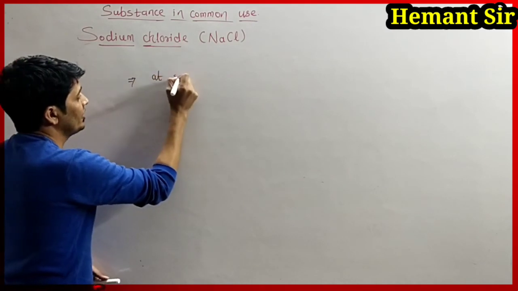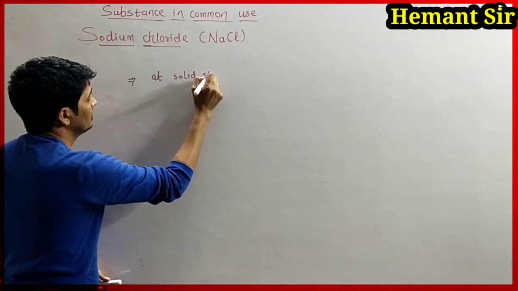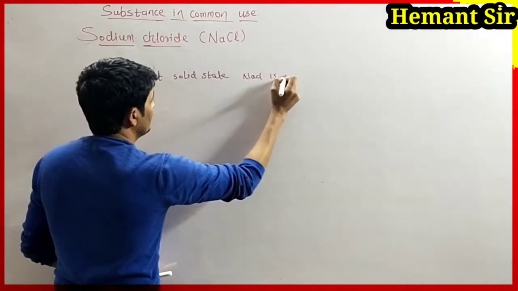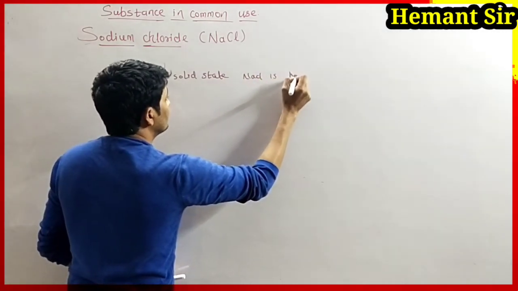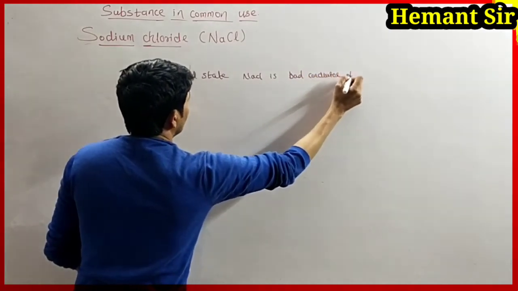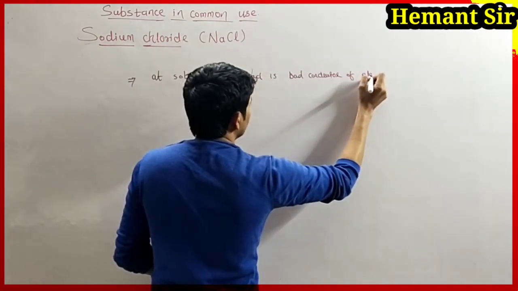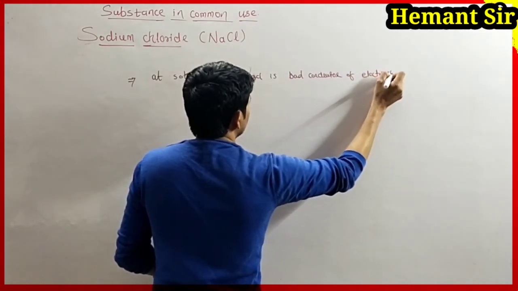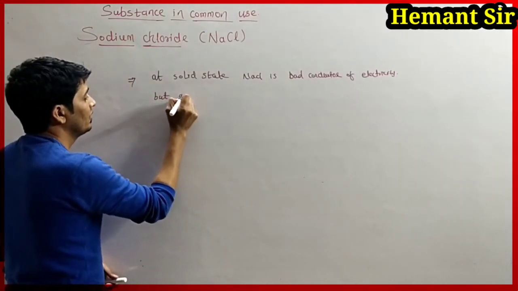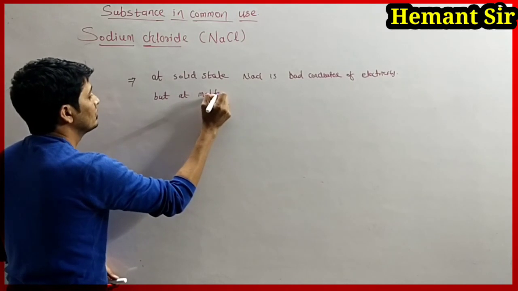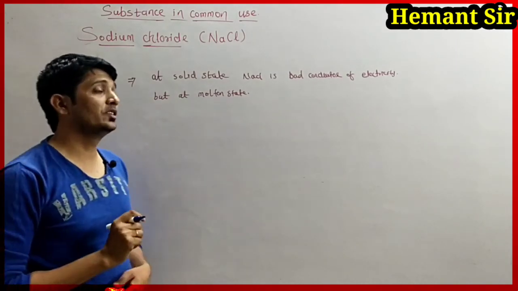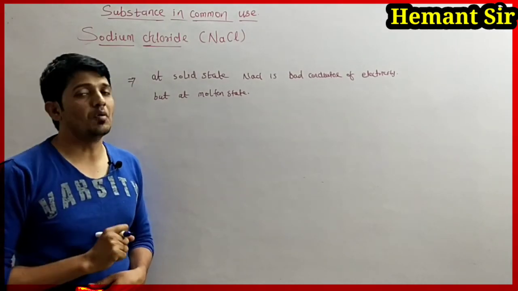At solid state NaCl is a bad conductor of electricity, but at molten state. Molten state is also called the fused state. It is the liquid form of NaCl.